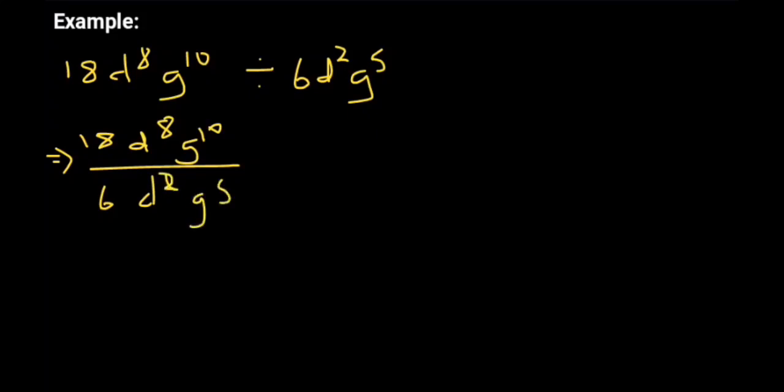What we're going to do is take out our numbers, our common d's and common g's, and simplify them. So we have 18 over 6, we have d to the power of 8 divided by d squared, and then we have g to the power of 10 divided by g to the power of 5.